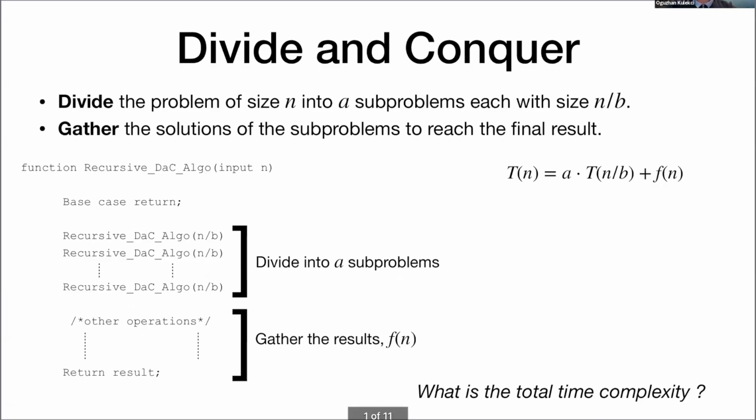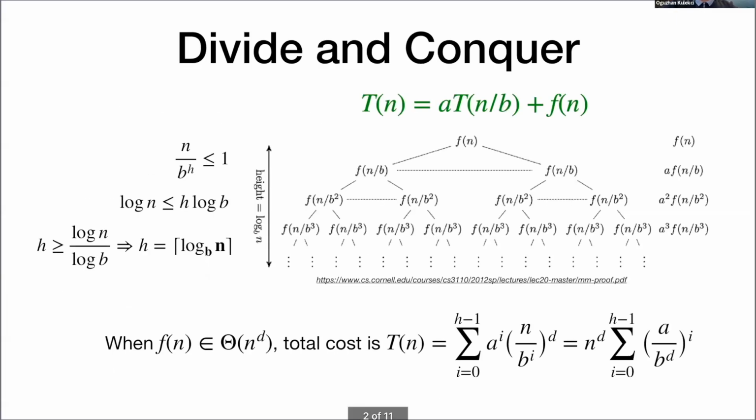And now we will try to compute the time complexity of divide and conquer type algorithms. It is very important to understand, to digest, what we are computing. This is the recursion tree we are creating. Once I have the results of those subproblems, I will have f(n) amount of work, and then I will have the result.